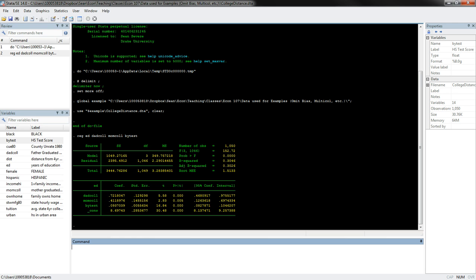So just go up here and we'll just rerun this regression, but instead of running it like this, we're going to use an option called vce, for variance covariance matrix, and we're going to go vce and we type in robust. So this is for robust standard errors in there.